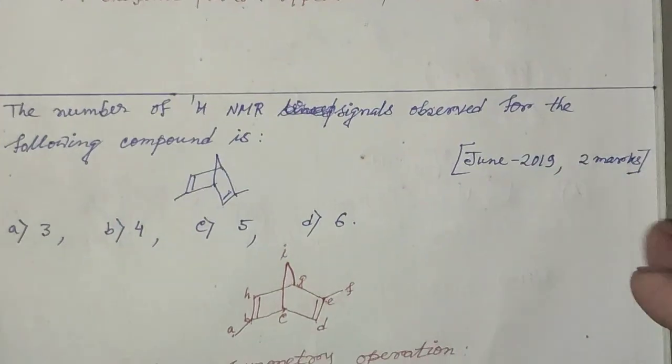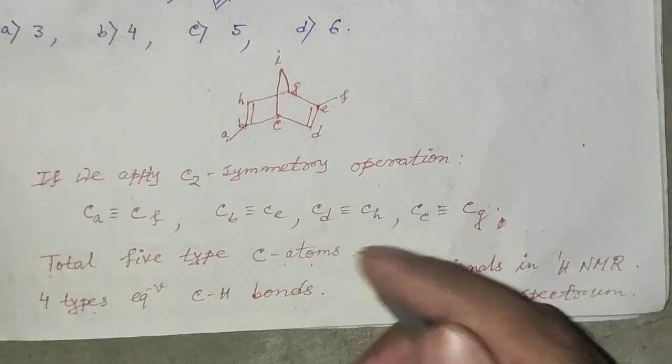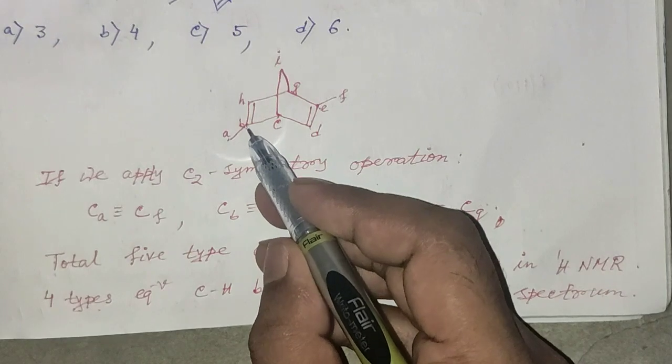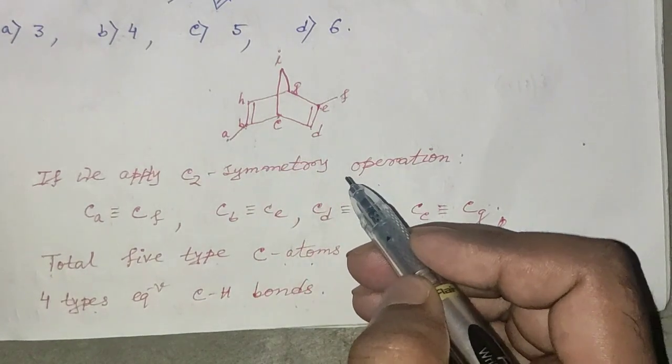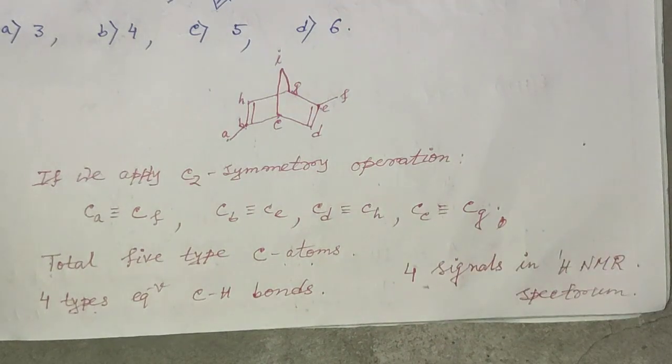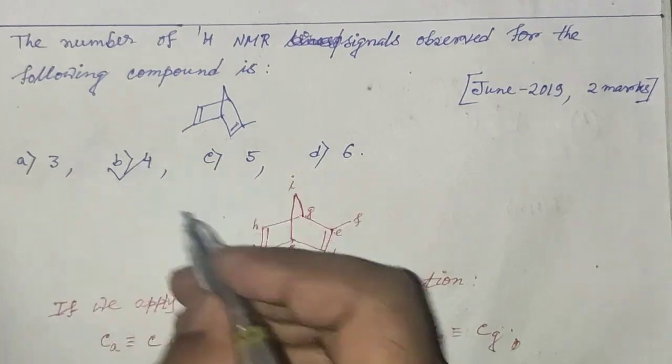If it was given as 13C signals, it would be 5. But since this B carbon atom does not contain any hydrogen atom, there will be only 4 signals in the 1H NMR spectrum. So option B is the correct answer.